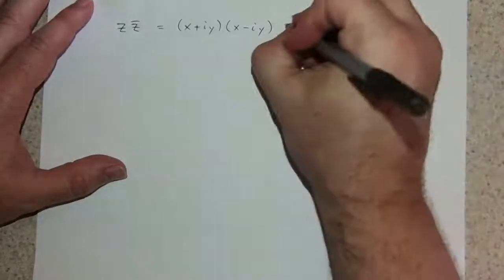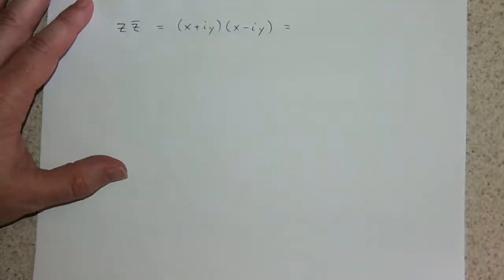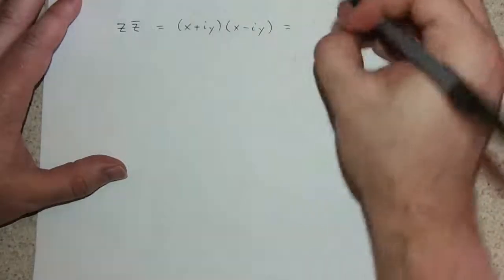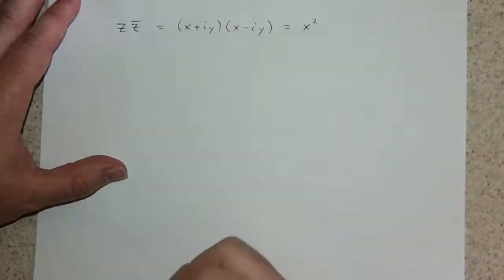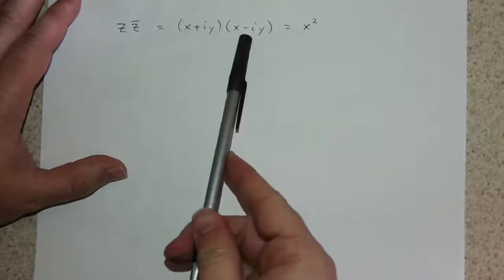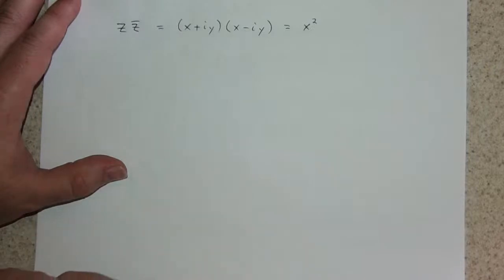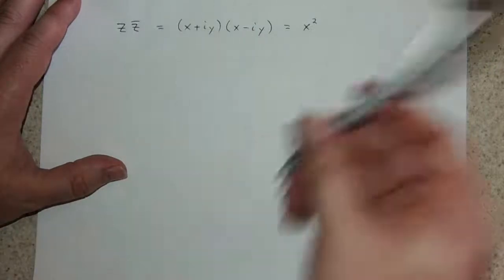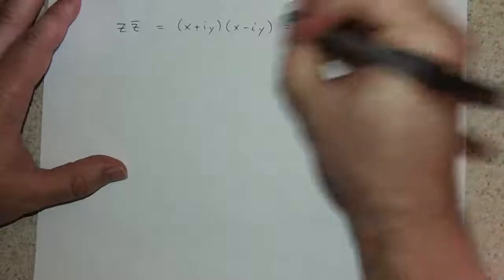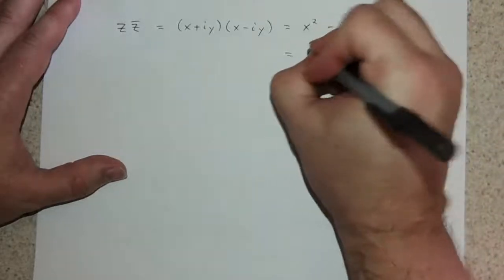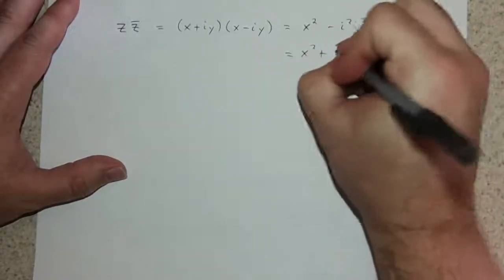Well, let's FOIL this out here. Because of the plus and minus, of course, I have a difference of squares going on here. The mixed terms cancel. And so what I get is x squared, minus xiy plus xiy. So those cancel. And then what I have left here is minus i squared y squared. But of course, i squared is minus 1, so this is x squared plus y squared.